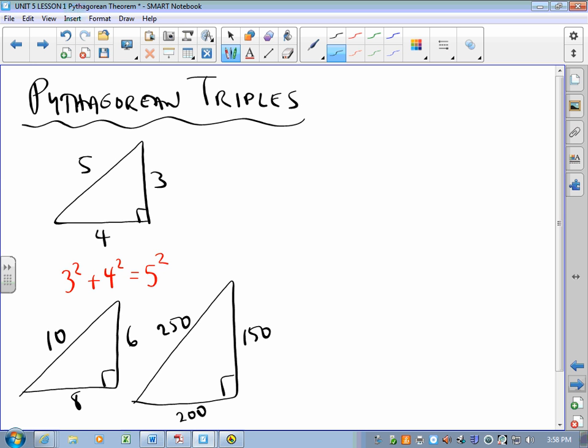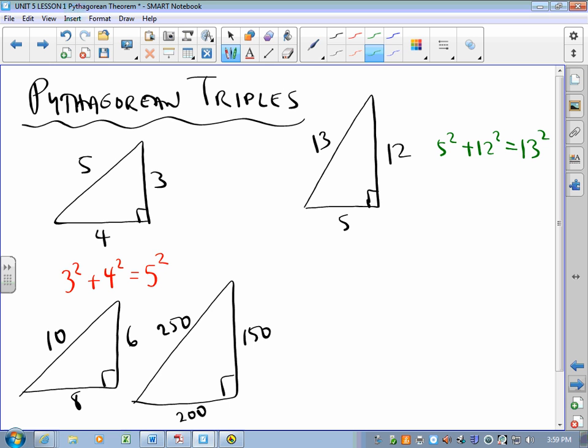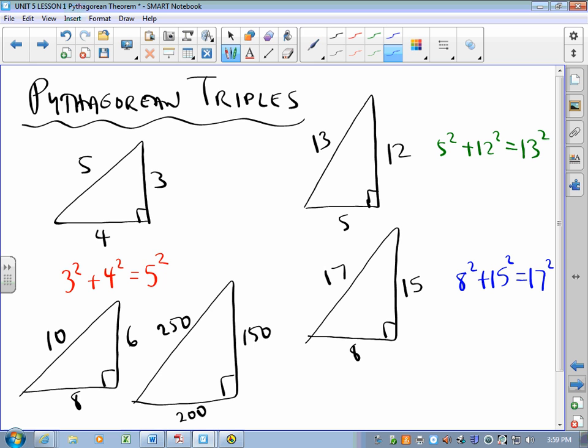There are other Pythagorean triples of which we are fond, the 5, 12, 13 right triangle, because 5 squared plus 12 squared is 13 squared. That works. The 8, 15, 17 right triangle, because 8 squared plus 15 squared is 17 squared.